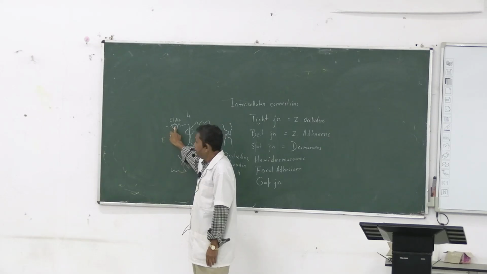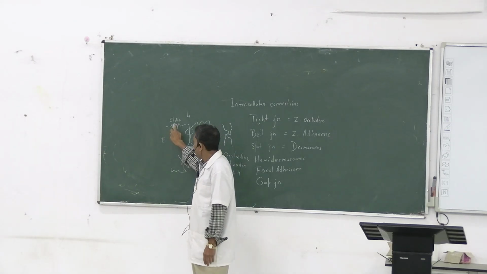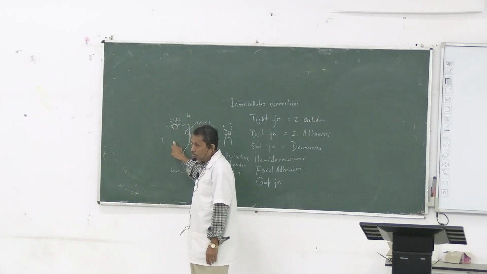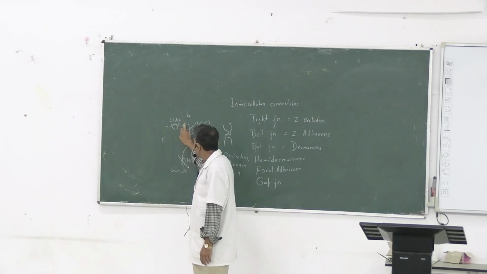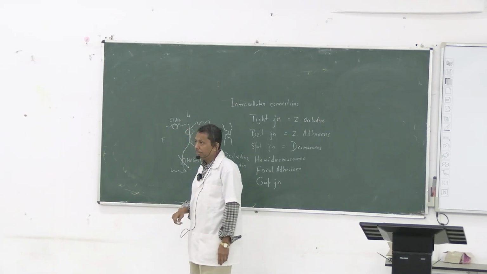This transporter has the capacity to carry glucose and sodium from the luminal side into the cell. But this protein is selectively present in the luminal side, which maintains polarity.